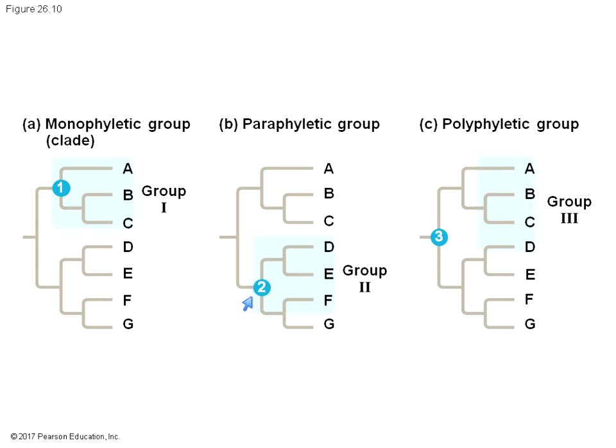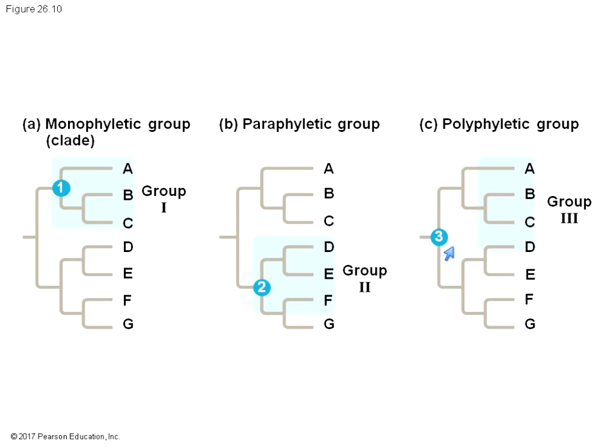So here, number 2 is our common ancestor. It is included in the grouping, but we're not including all of the descendants. We're including D, E, and F, but here we're leaving out G. So only monophyletic, remember, leads to a true clade.